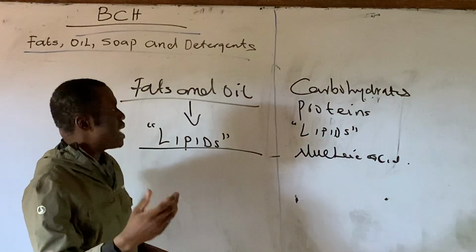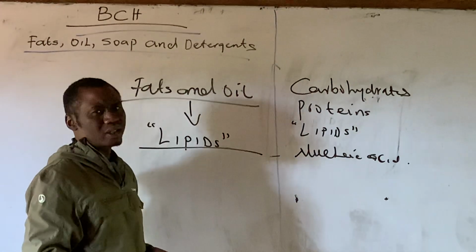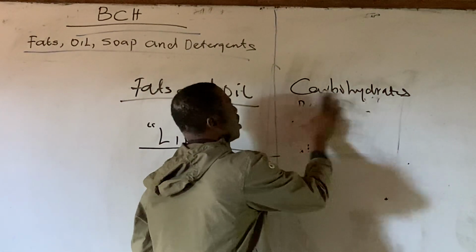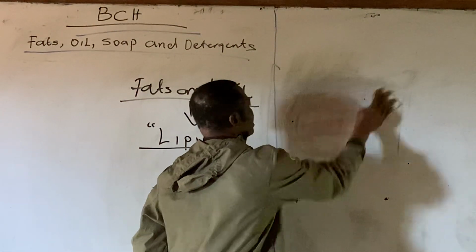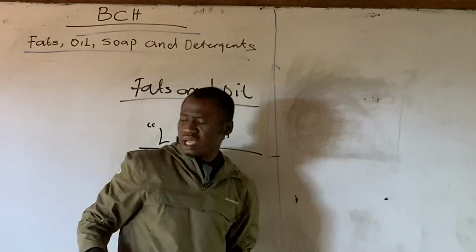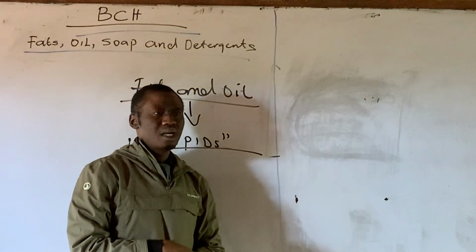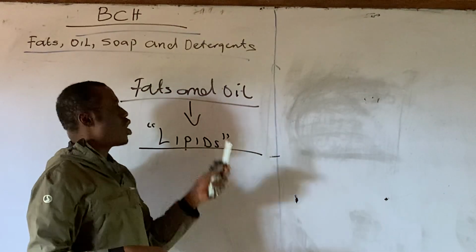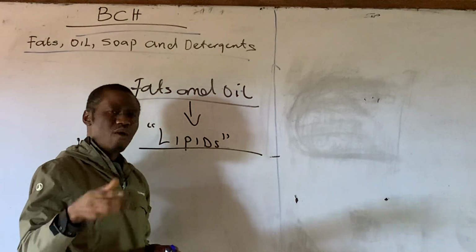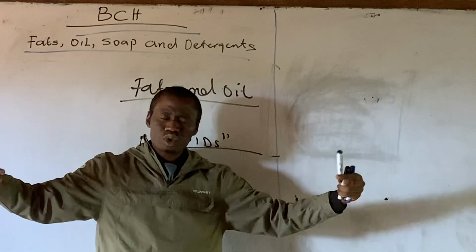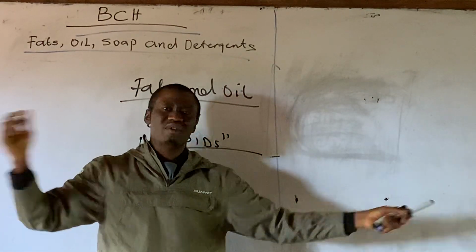I've told you, biological molecule, insoluble in water, but soluble in organic solvents. Having known that, the next thing is what actually are the examples of lipids. Well, we know that fat and oil is an example of lipids, but we want to expand our view. What are the examples of lipids?